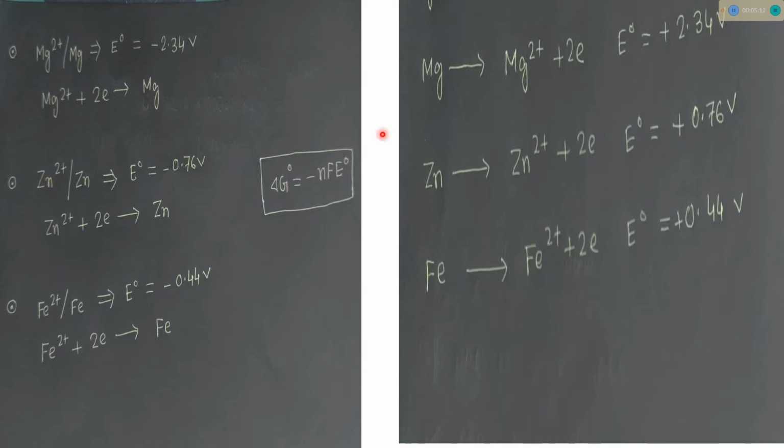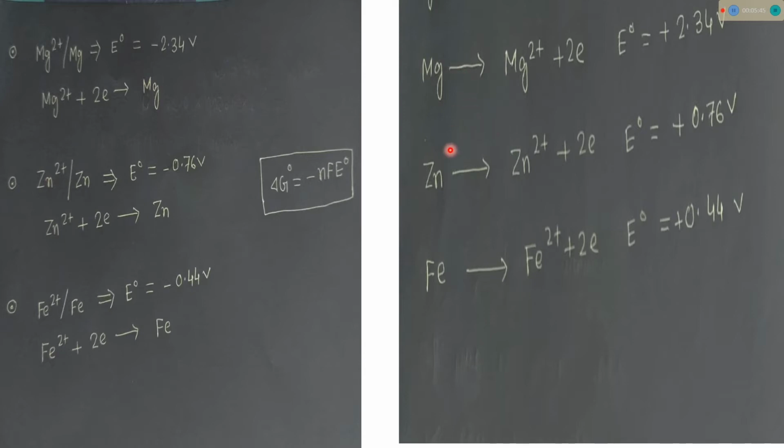E0 is more positive, so delta G0 becomes more negative. For zinc, delta G0 becomes negative but less negative than magnesium. For iron, delta G0 becomes negative but less negative than zinc. So from these three systems, magnesium, zinc, and Fe, magnesium oxidizes readily and releases 2 electrons.